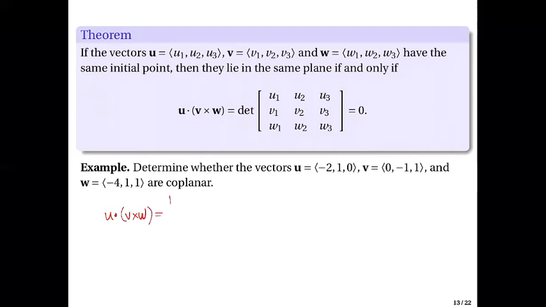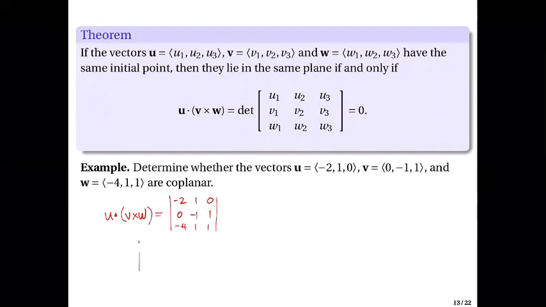So we look at the determinant: negative 2, 1, 0, 0, negative 1, 1, negative 4, 1, 1. And then let's use the other technique that we know for solving determinants of 3 by 3 matrices.